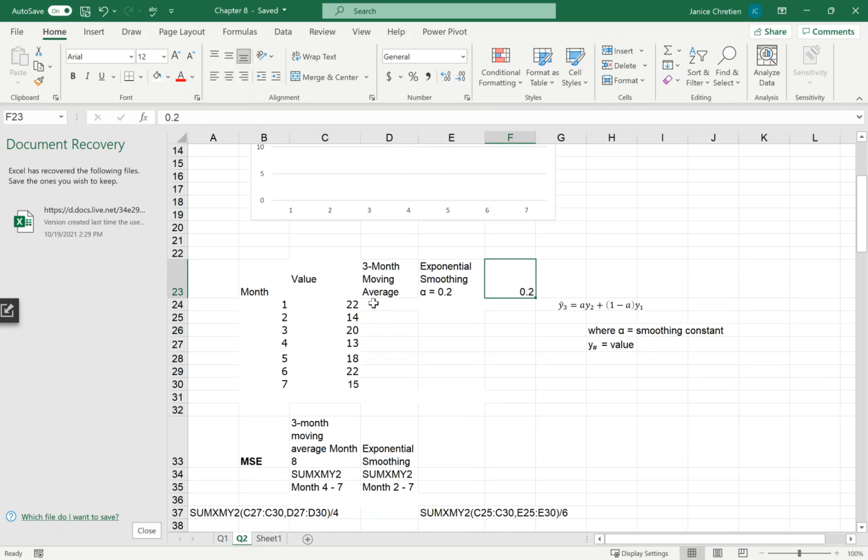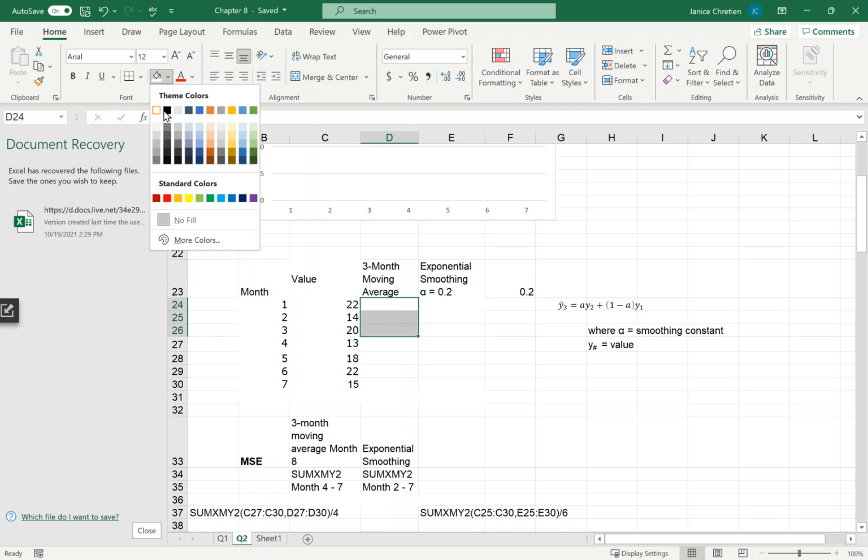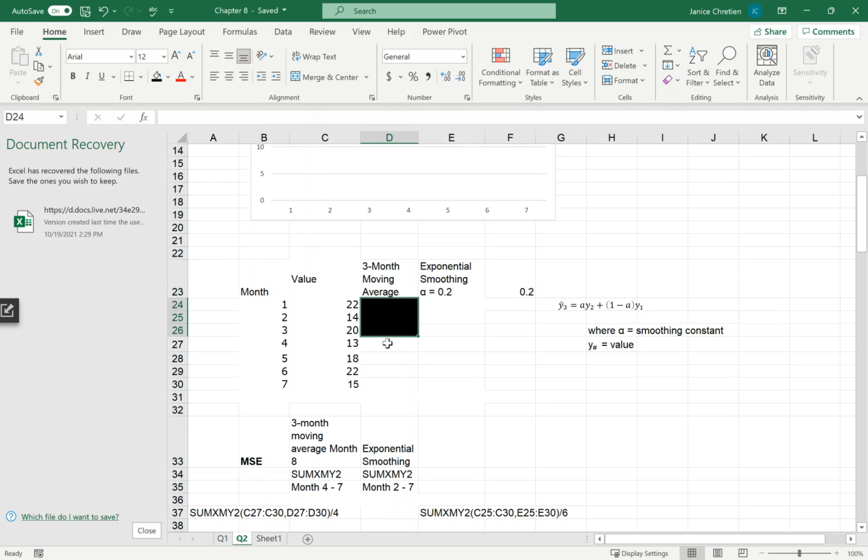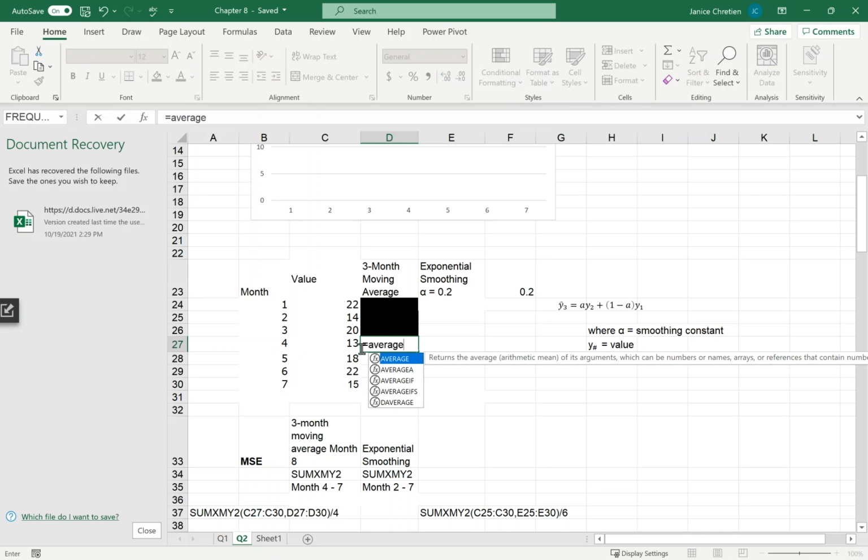So remember, when we forecast, we use the value from the previous month. But if we're using a 3-month moving average, that means that I have to have 3 months of data before I can ever get 1 month forecasted. Okay, because I'm going to say equals the average of the first 3 months.